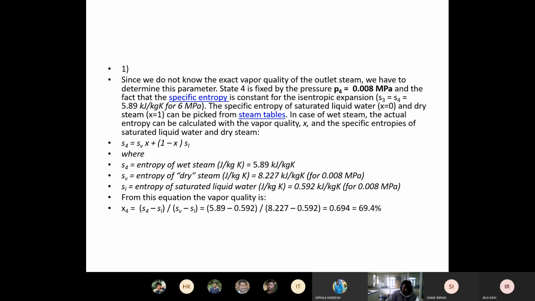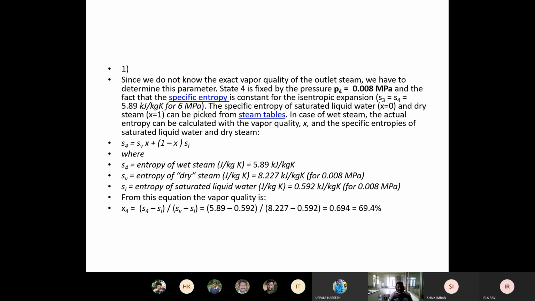From this equation, S4 is equal to Sg x plus (1 minus x) Sf. In thermodynamics, we used another formula also: S4 is equal to S3. S3 is at the given pressure.